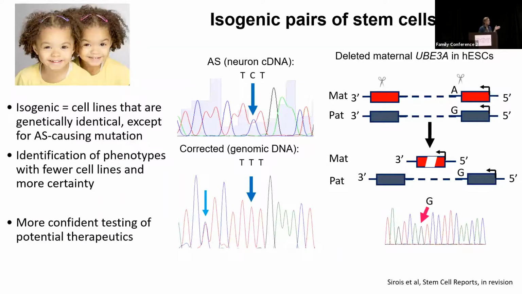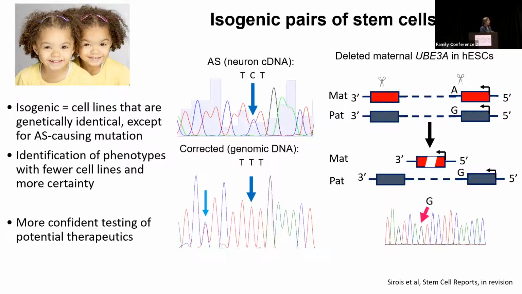Well, we do this in Angelman syndrome to develop isogenic pairs of stem cells. What's isogenic? Iso means the same, genic means genes. These are identical twin stem cells with and without the disorder. And the reason we want to do this is because when we look at a phenotype in a cell, we don't know whether it's due to normal human variation or whether it's due to the disorder we're trying to study.